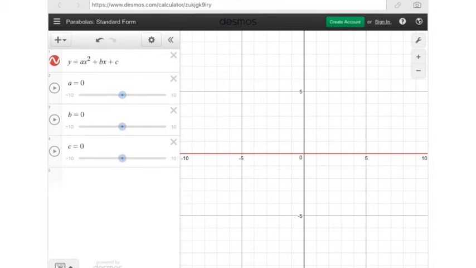Okay, now what happens when I make a positive? So remember, when a is positive, the curve looks like a glass, and when a is negative, it looks like a hill, below the x-axis and above the x-axis. Now let me change the value of b and c and see what happens.